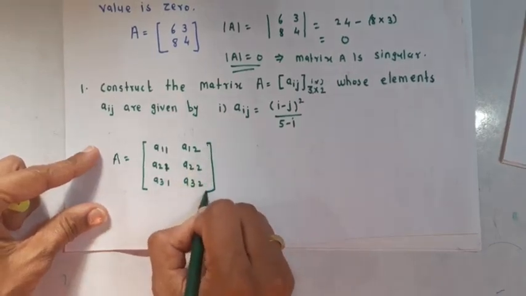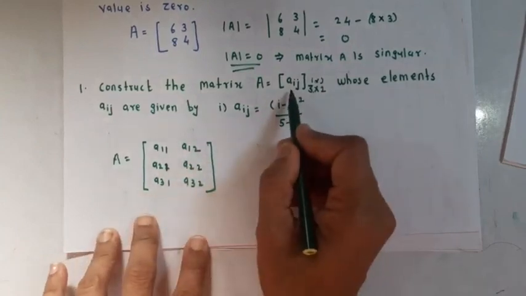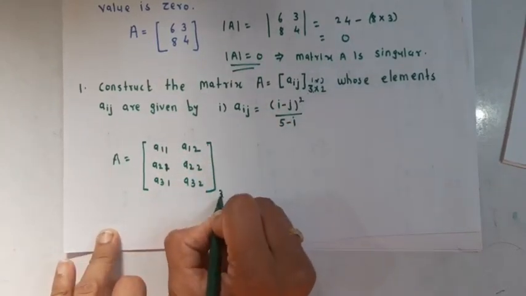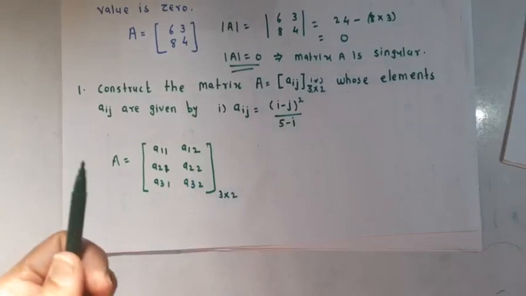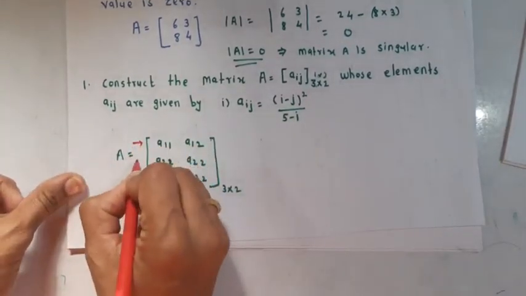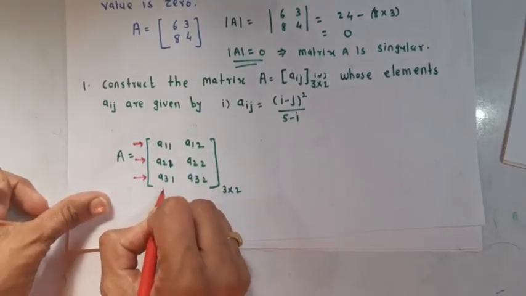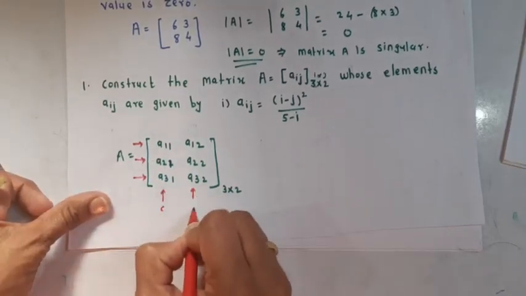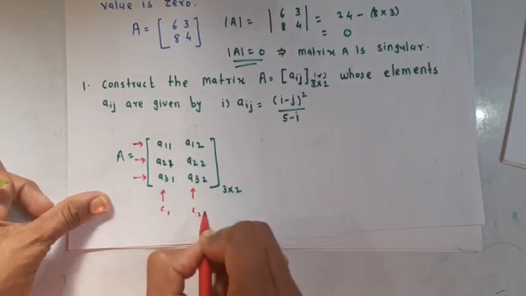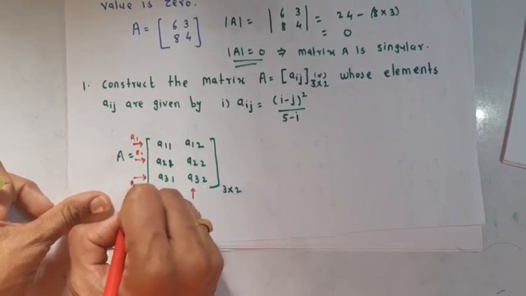These are the elements of the matrix aij with order 3 by 2. So these are the 3 rows, first row, second row, third row, and first column, second column: C1, C2, R1, R2, R3.